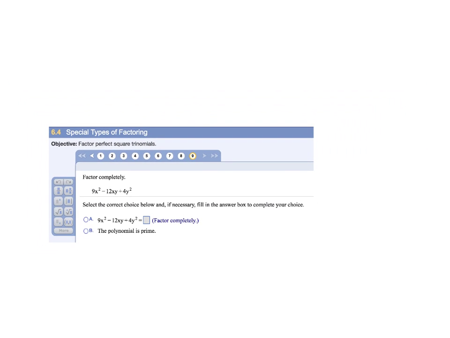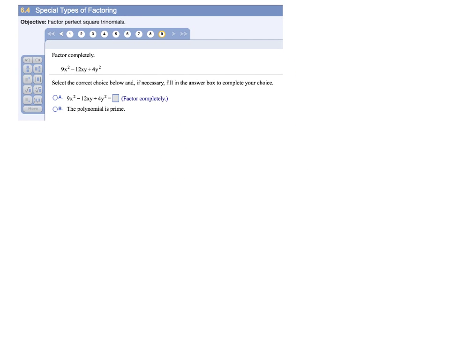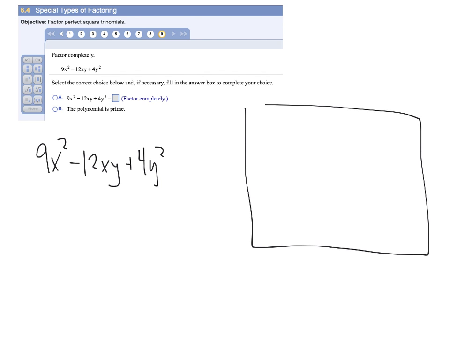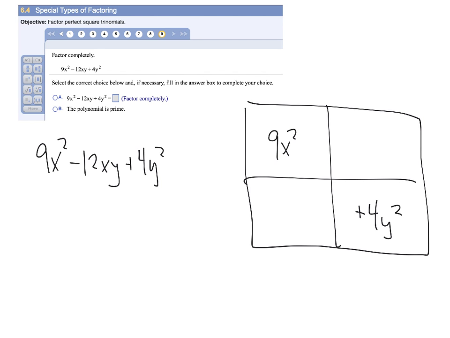And the last one is, let's see, 9x squared minus 12xy plus 4y squared. All right, so when we draw our box, we're going to get 9x squared right there. We're going to get positive 4y squared there. And we need to recognize that both of those are squares.